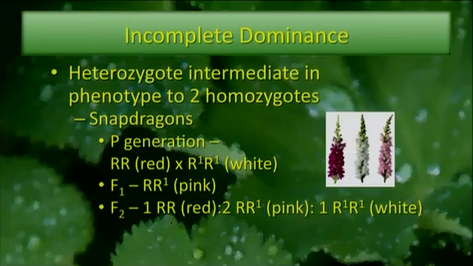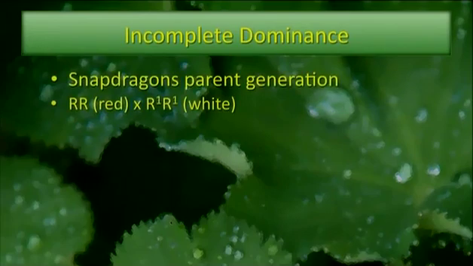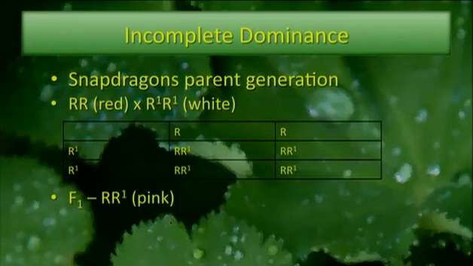Here we're taking a look at the snapdragon cross in terms of the Punnett square. The red parent and the white parent have pink offspring. All their offspring are pink. So don't be fooled by thinking that they only have 4 offspring. This just means that all their offspring should be pink.